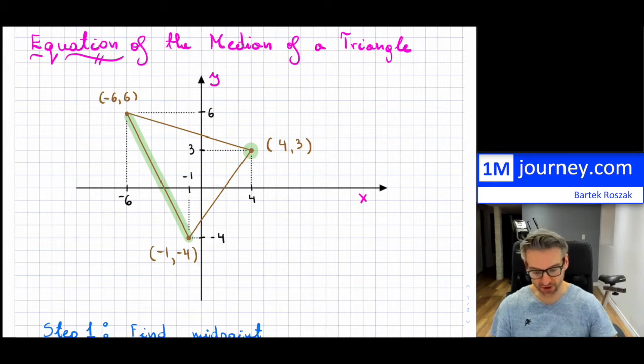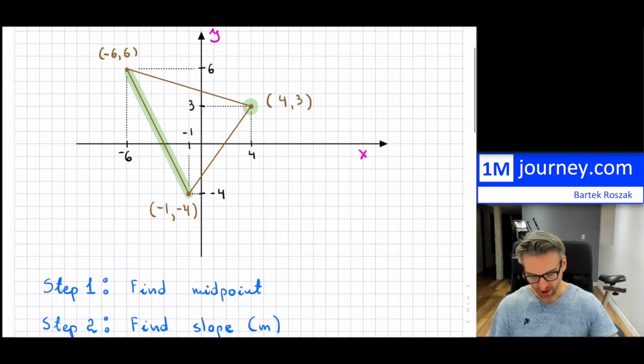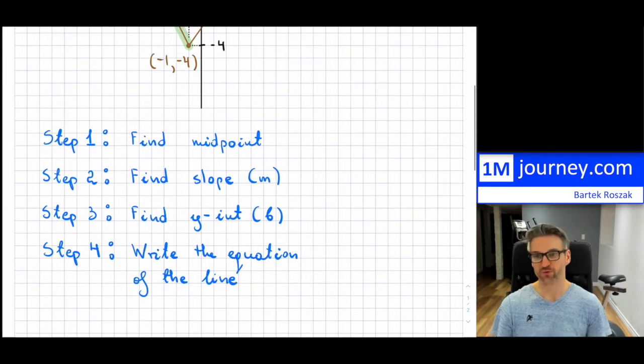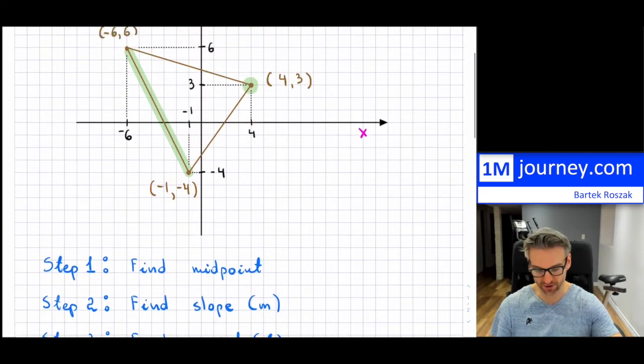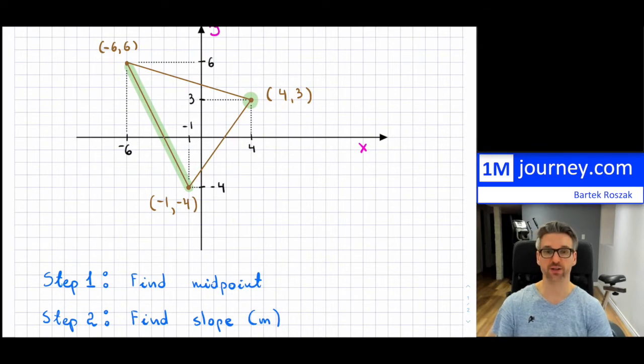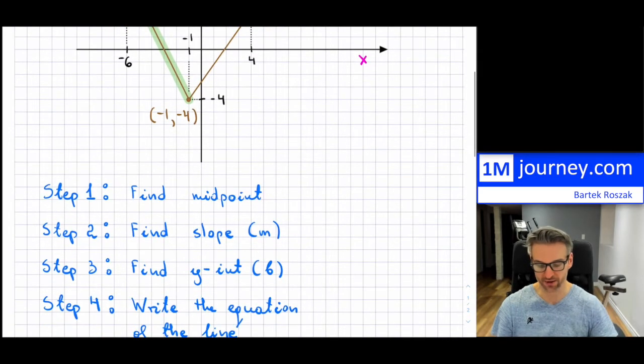So the particular steps to take are the following. You typically will find the midpoint first of the line opposite the vertex that you've chosen, so it's going to be the green one. That's step number 1. After that, you're going to find the slope between the midpoint and the vertex.